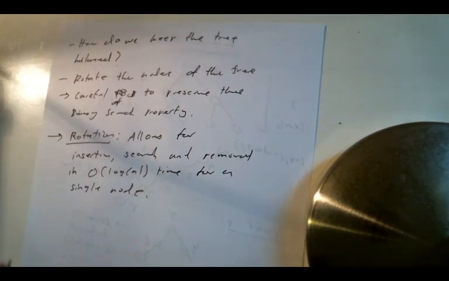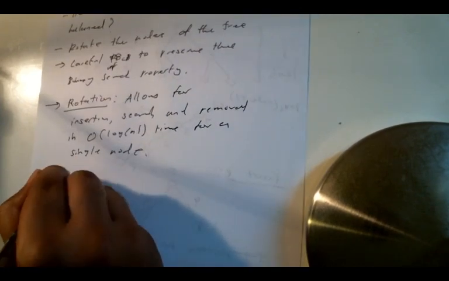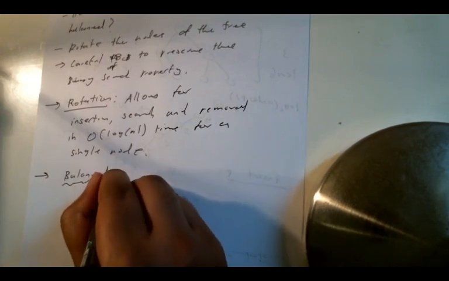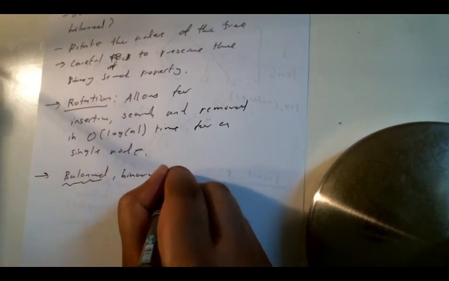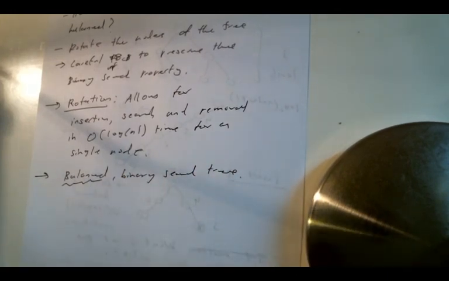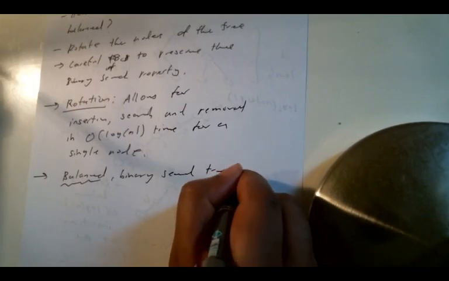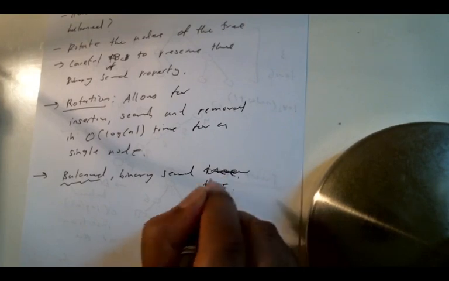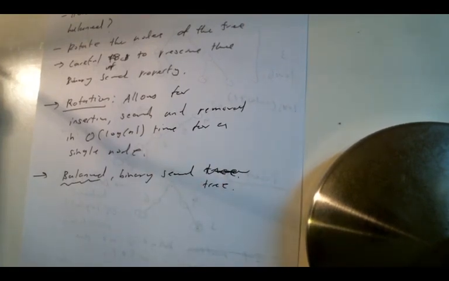And this data structure is called a balanced binary search tree. So it does search, insertions, and removals in O of log n time for each node. And the point is that if we do the alternate version of merge sort with a balanced binary search tree, we are guaranteed the O of n log n running time.